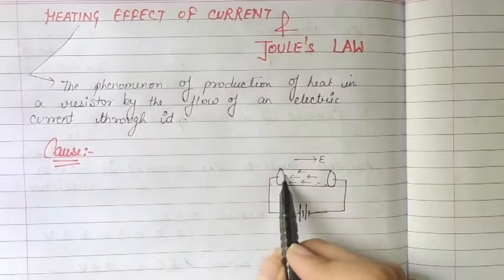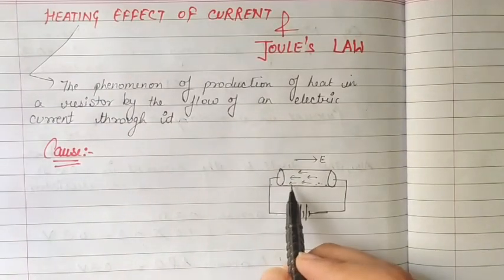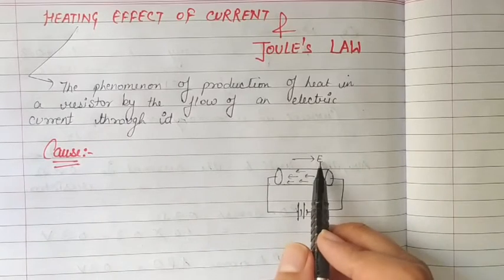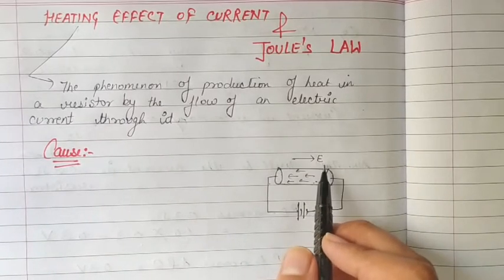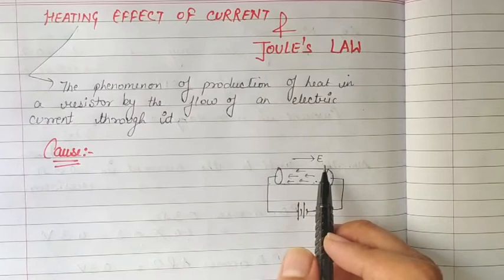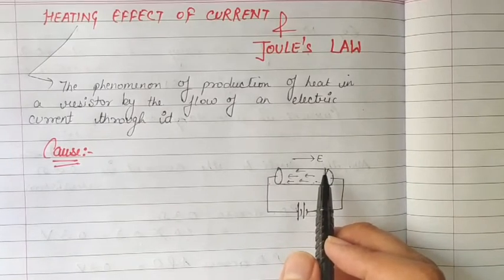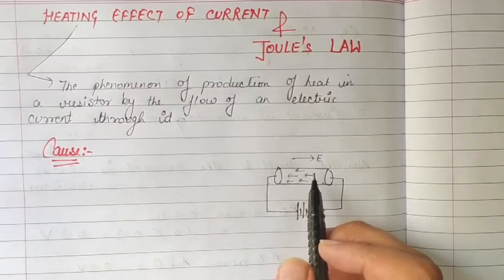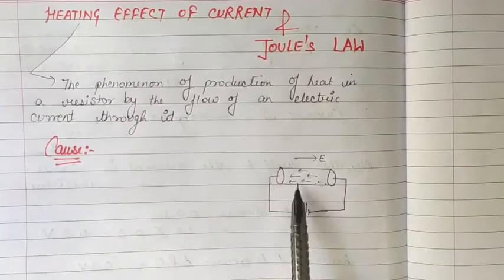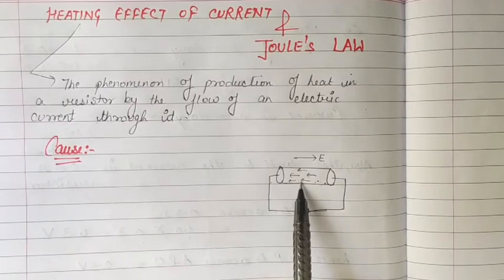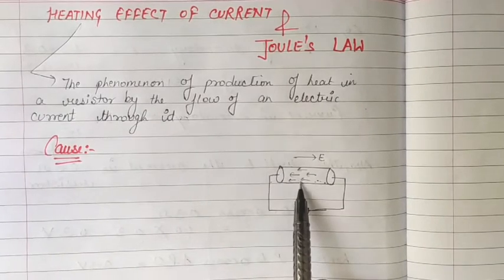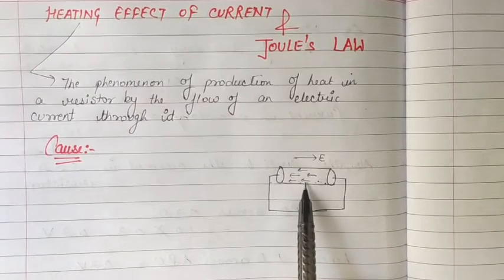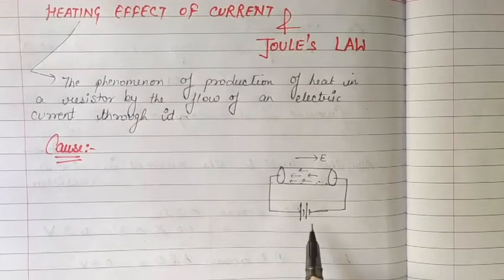Now these free electrons that are moving in the opposite direction of the applied field have some drift velocity, but this drift velocity cannot increase beyond a certain value. They attain a drift velocity because of the force acting on them, but it cannot go beyond a certain value.